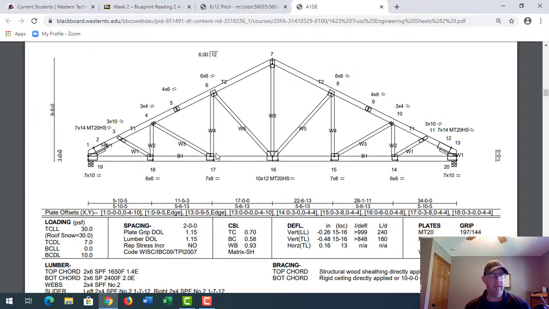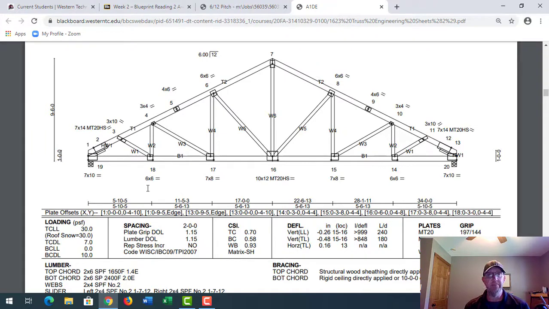Now, if we have a crane, we could actually nail this together down on the ground and crane it up, right? But we're not going to be able to do that if we don't have a crane, because I don't know about you guys, but I'm not going to be able to lift that much weight, all right? So those are some of the things we got to look for.